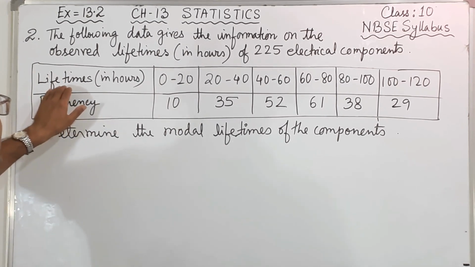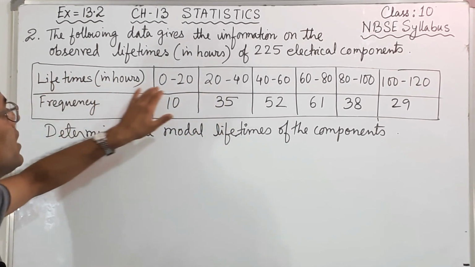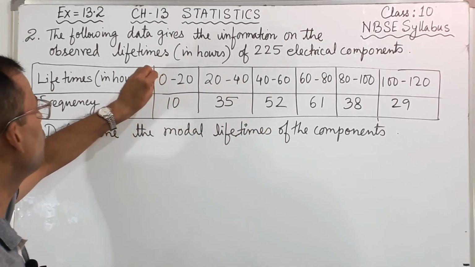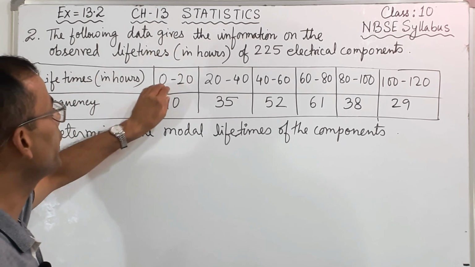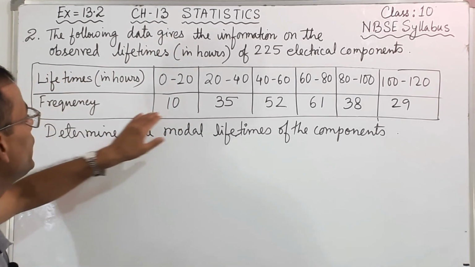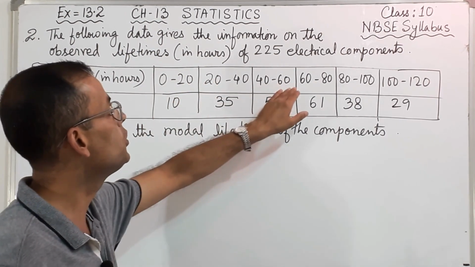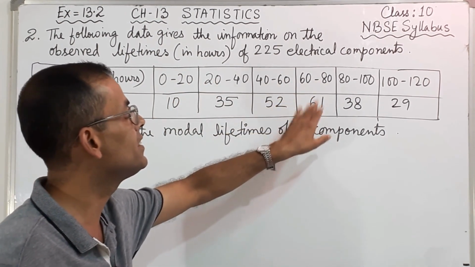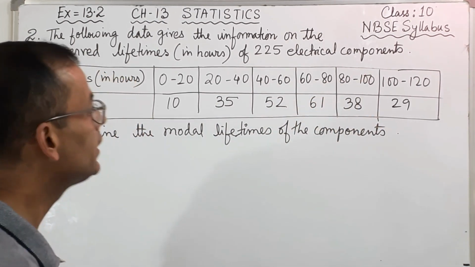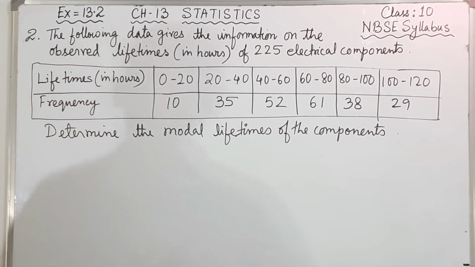So lifetime in hours, then one chart is given: lifetime in hours 0 to 20, 20 to 40. That means those electrical components that will last for 0 to 20 hours, they are 10. Then 20 to 40, 35 are there. 40 to 60, 52, 60 to 80, 61, 80 to 100, 38, 100 to 120, 29, and that is called the frequency.